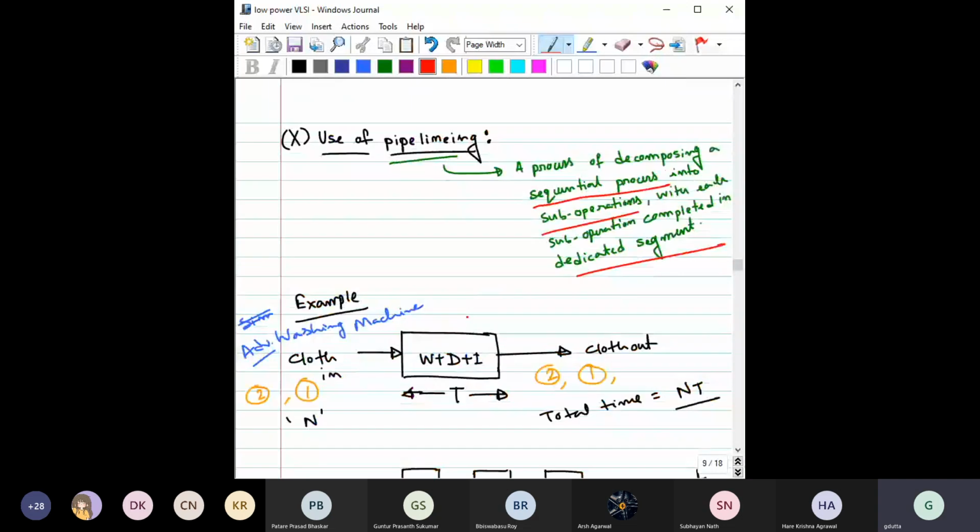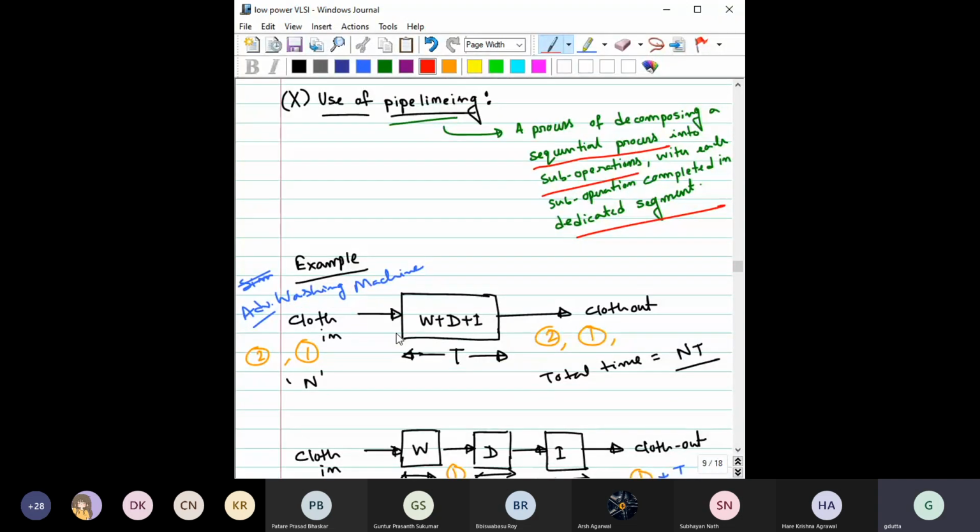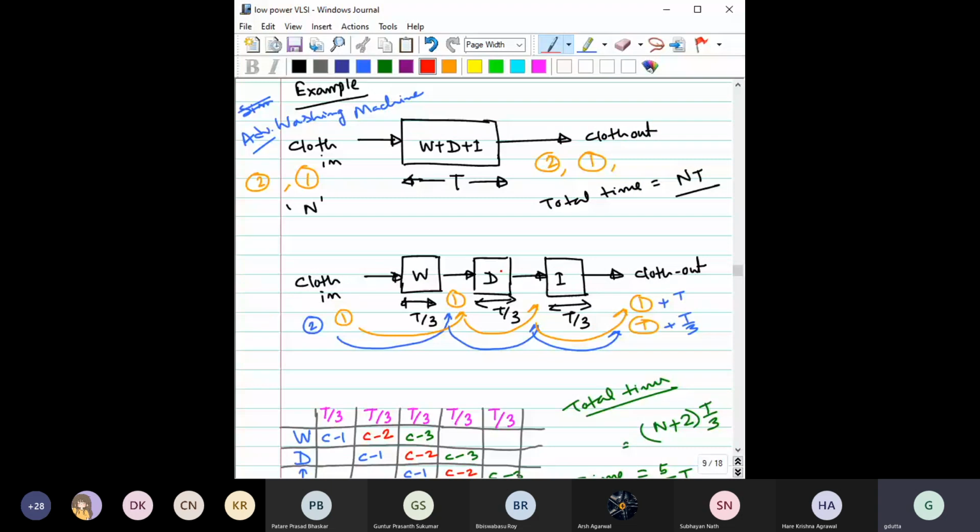Then the next one is pipelining. This is an important concept. So what do we mean by pipelining? If you have some sequential process, right, and the next process has to start after the first process, then the third one after the second process, then instead of using a single input, single output network, you could also break this total task into sub-parts, right?